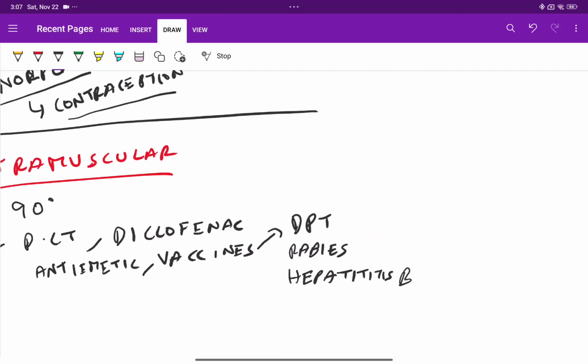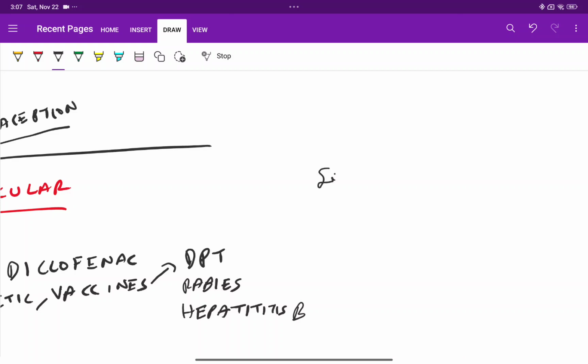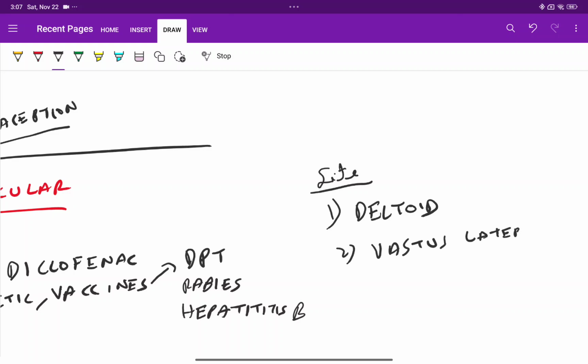Then we have to learn about the sites of drug administration. First, it is given in the deltoid region. Second, in the vastus lateralis. And third, in the gluteus maximus muscle.